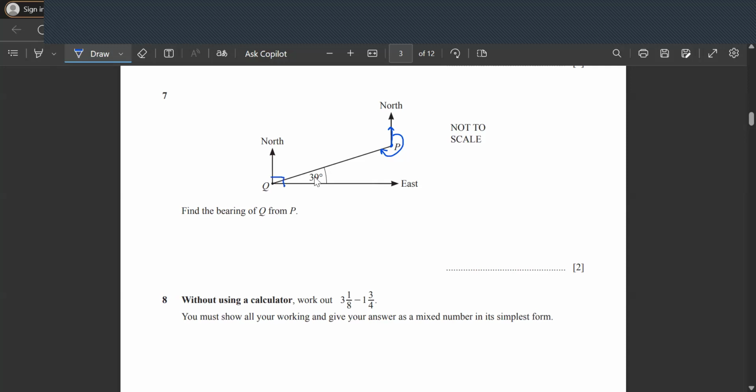If this is 39, this would be 51. And do the same as we said. If this is 51, is it smaller than 180 or greater than 180? Smaller. So add 180 to it. You will get the direct answer, 231.